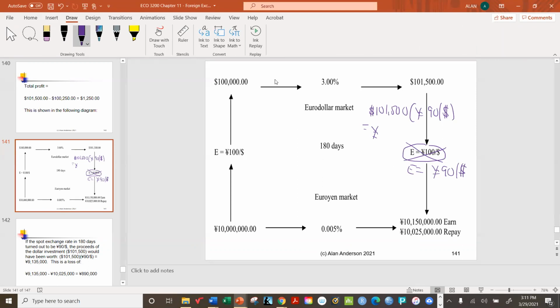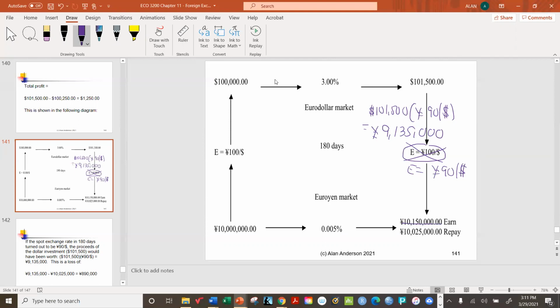All right, here we go. So let's multiply these together. $101,500 times 90 yen per dollar. Oh no, we have a problem. 9,135,000 yen is all that we'll have.